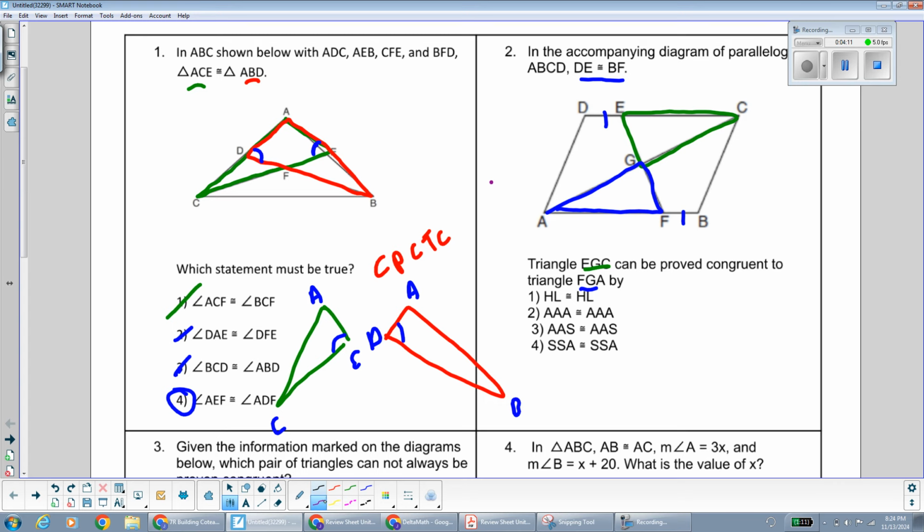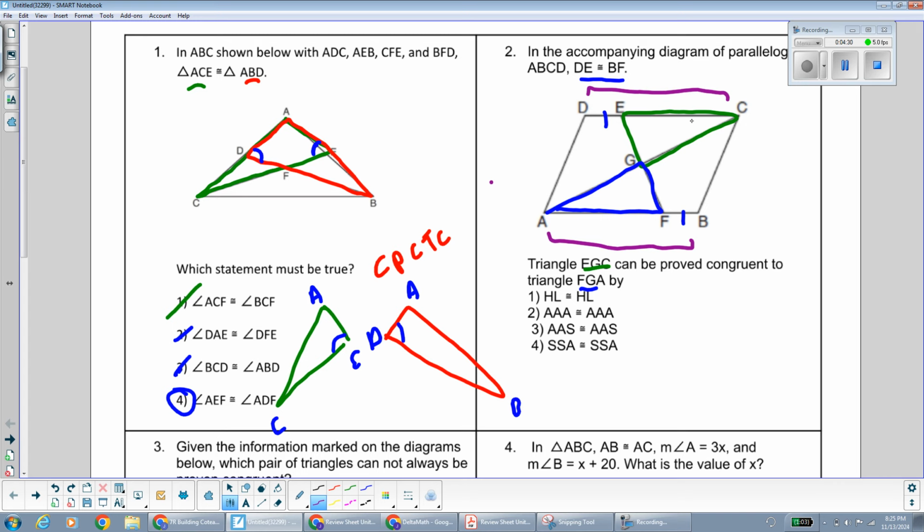Well, already we do know, since we have a parallelogram, that opposite sides of a parallelogram are congruent. So we know that, for example, AB and DC are congruent. And we know that DE and FB are congruent.